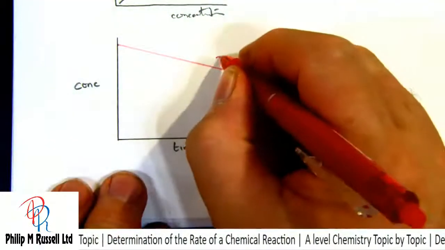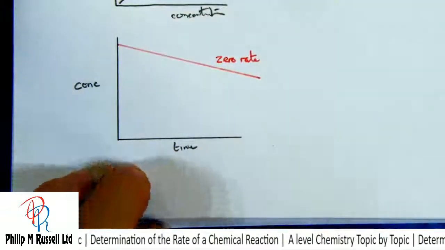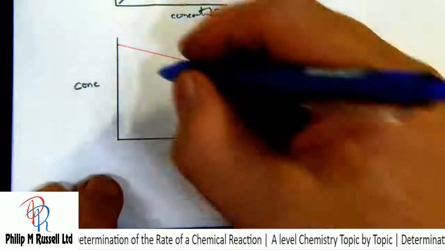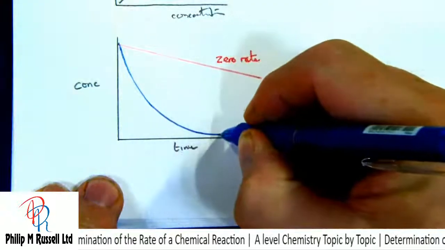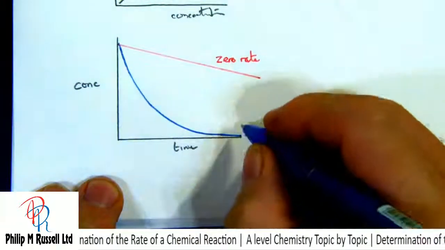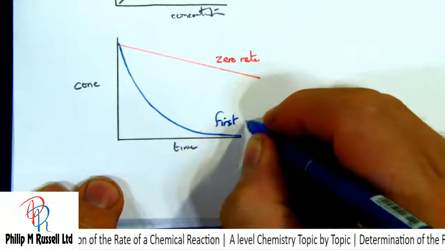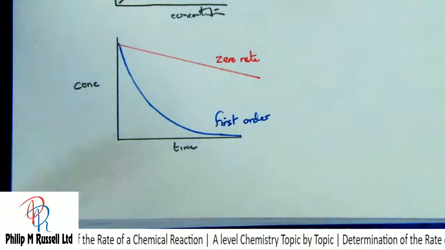So this is our zero rate. Whereas if I'm going to look at a first order rate of reaction, then it's going to look more like that.